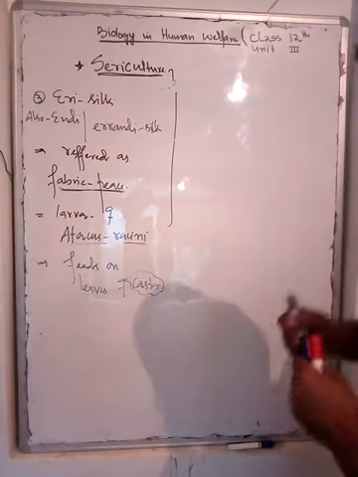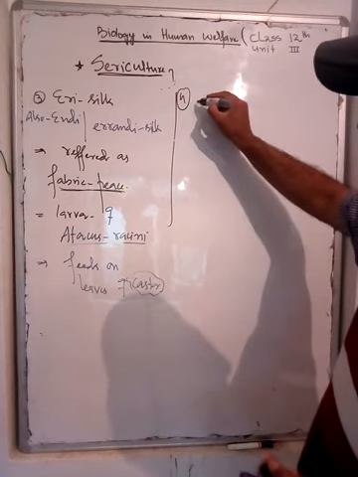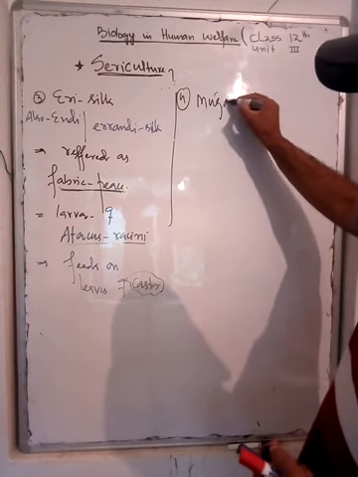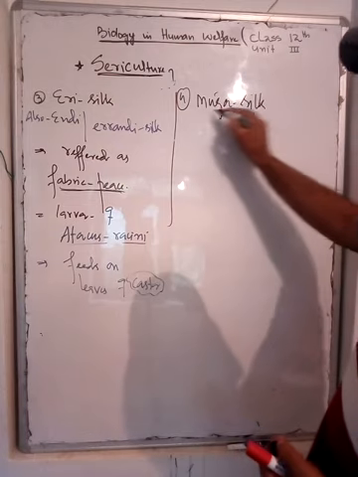Now let's look at the next type, that is Muga silk. It's the fourth type of silk, Muga silk.